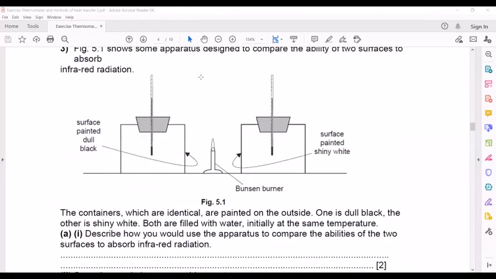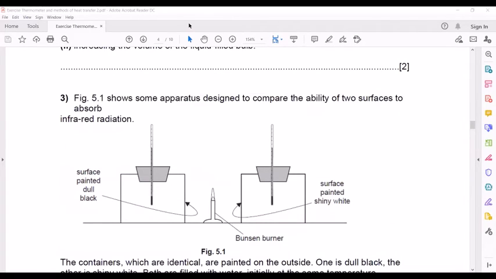If we have two thermometers, this is the capillary of a thermometer. Original temperature is 20 degrees. Here also 20 degrees. Then 30.